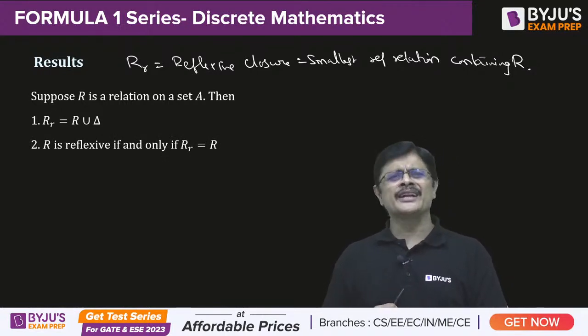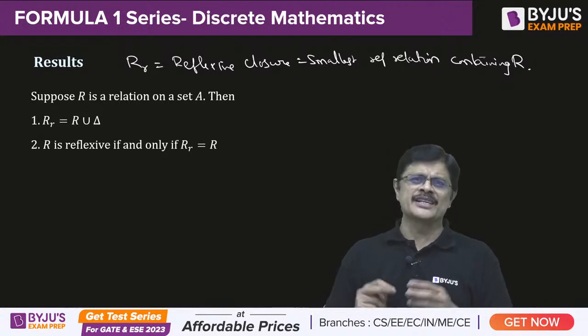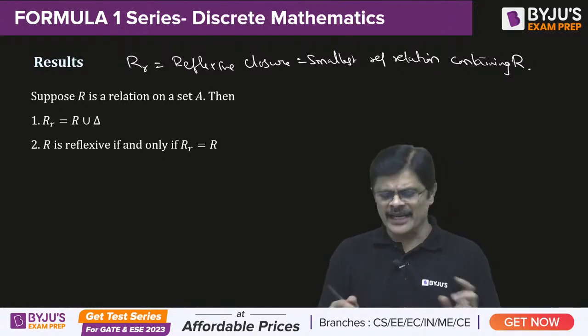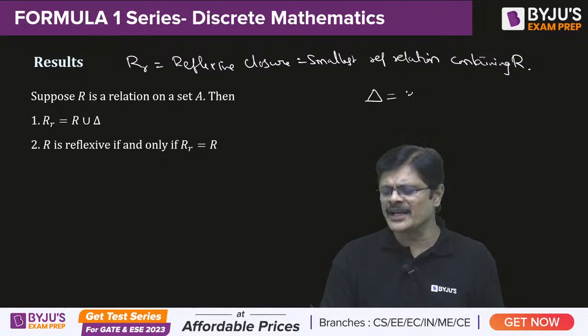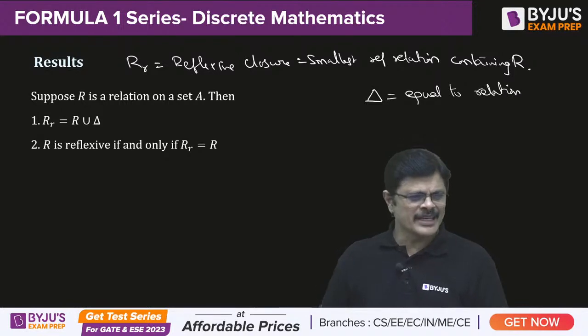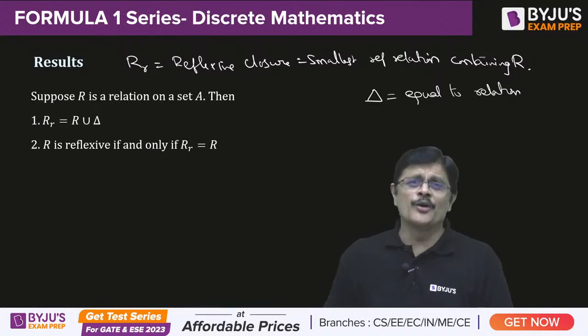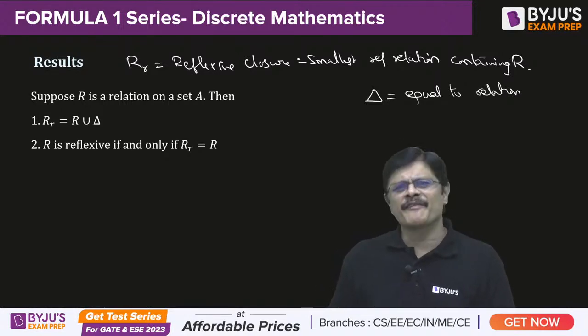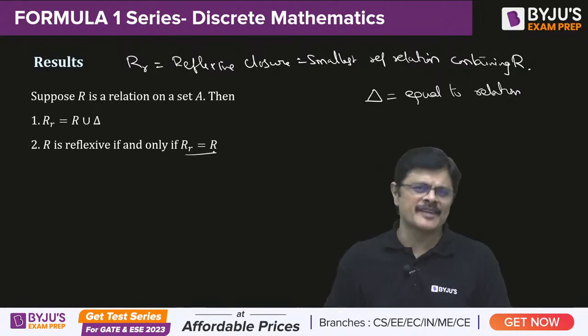Simply R union delta. Delta means the equality relation. Is the idea clear? Now, if R is reflexive, the reflexive closure will be the same as R, my dear friends.